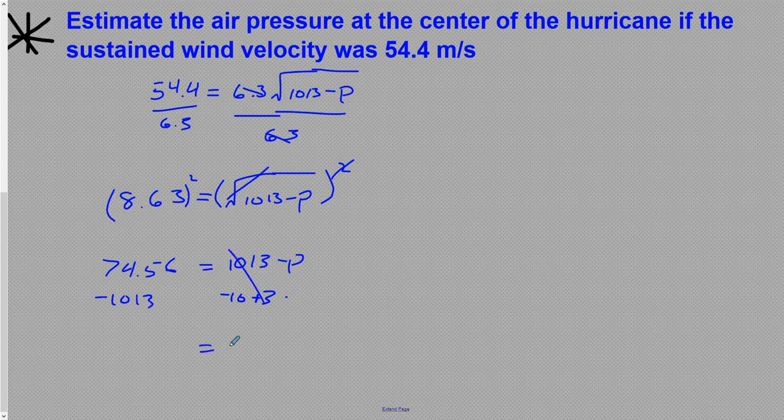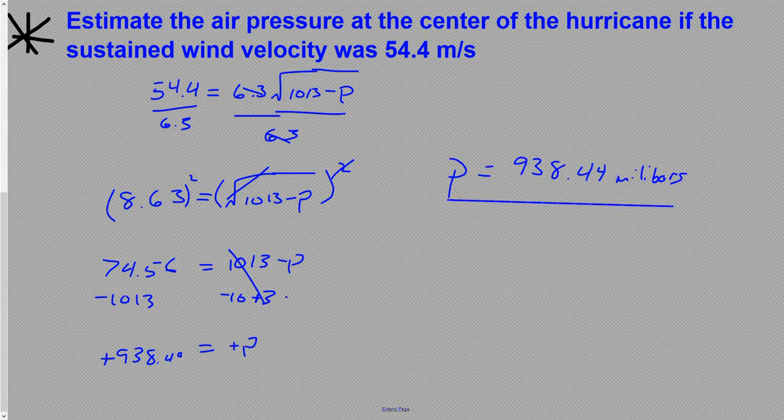Those will cancel. Over here I just have negative p. We'll deal with the negative in a second. And we're going to have negative 938.44. They're both negative, so I can make them both positive by multiplying by a -1. So p would be 938.44 millibars. Pressure at the center of the hurricane.